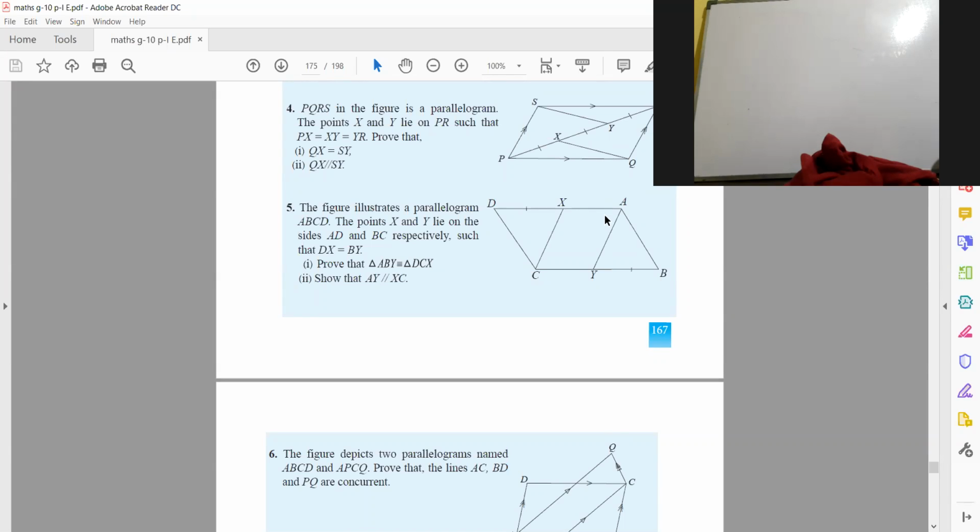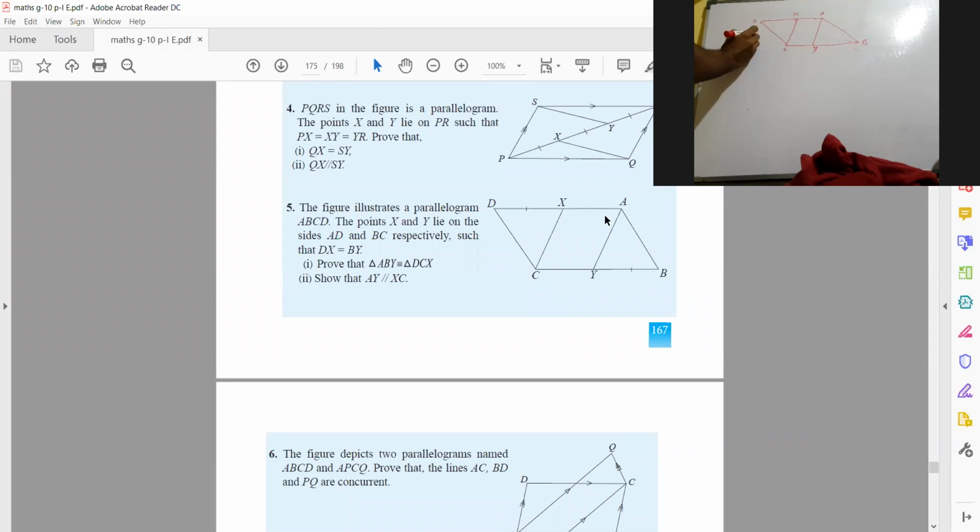Now here, parallelogram. The figure illustrates a parallelogram ABCD.